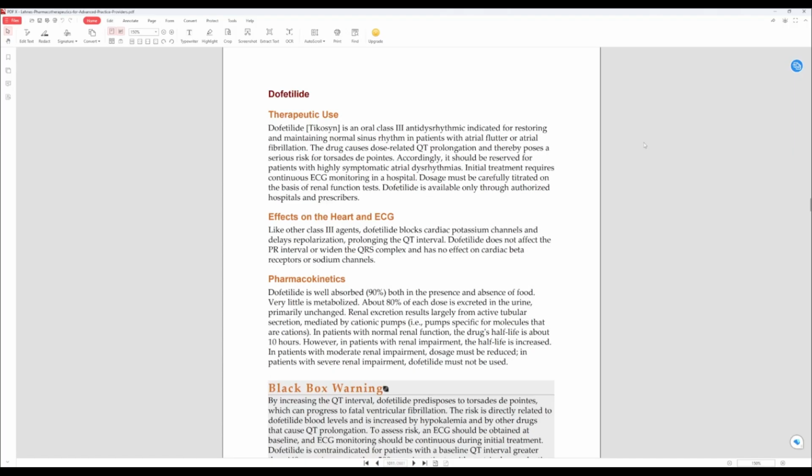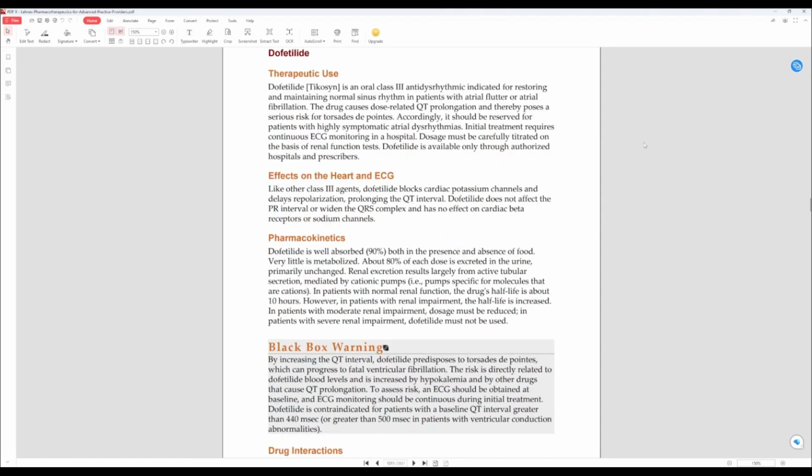Accordingly, it should be reserved for patients with highly symptomatic atrial dysrhythmias. Initial treatment requires continuous EKG monitoring in the hospital. Dosage must be carefully titrated on the basis of renal function tests. Tikosyn is available only through authorized hospitals and prescribers.